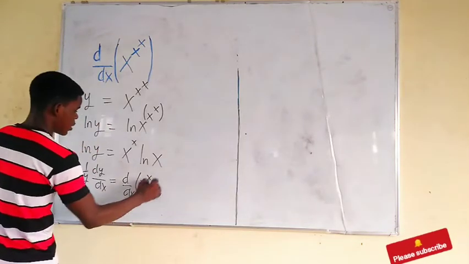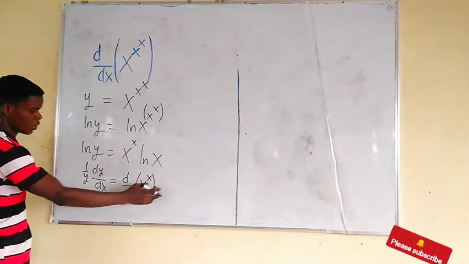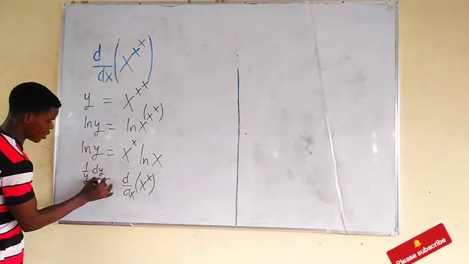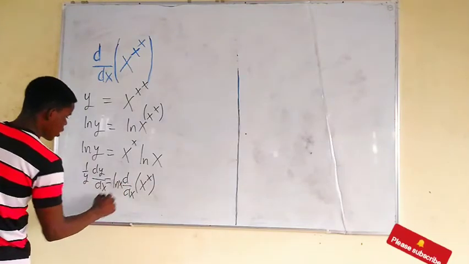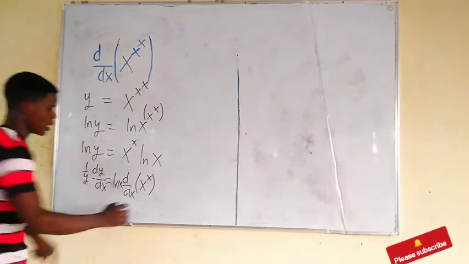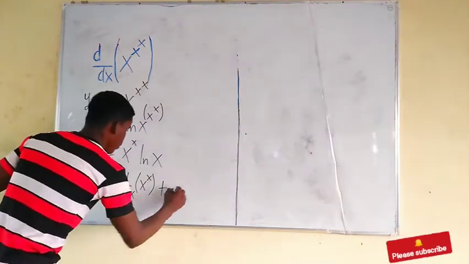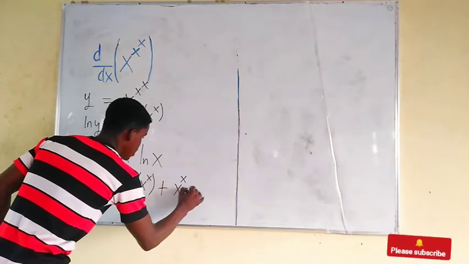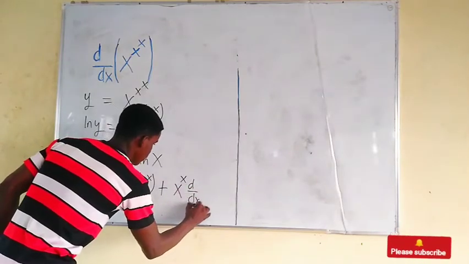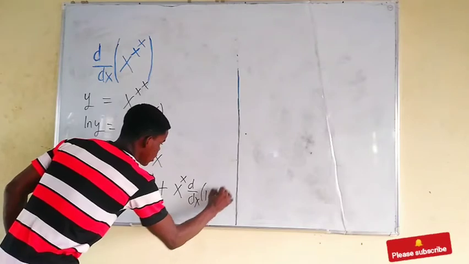We're going to keep this one right here. We're going to have the x to the x first, and we're going to differentiate this one, then we say plus, since it's commutative, whichever way. We keep x to the power x, and we find the derivative with respect to x of ln x.